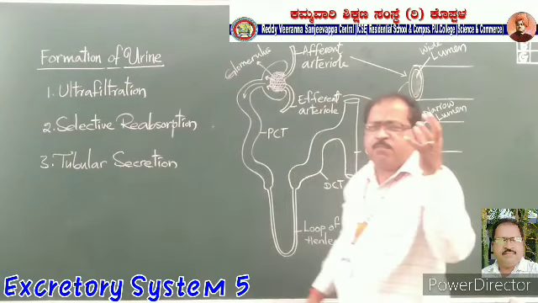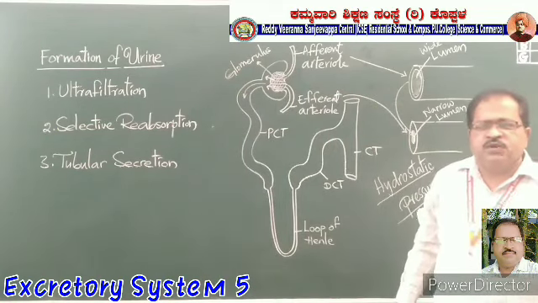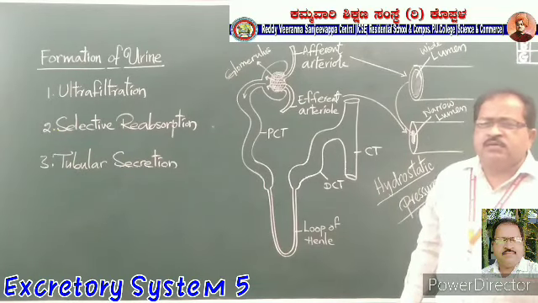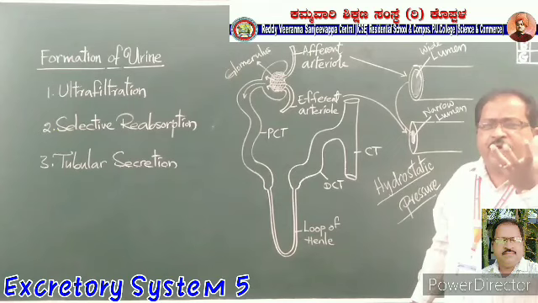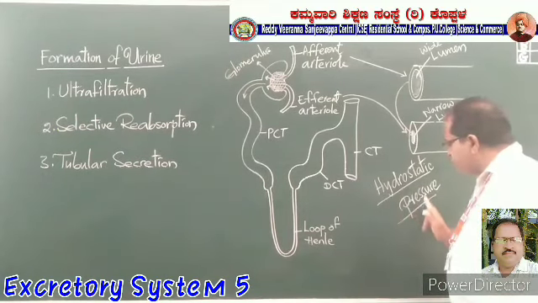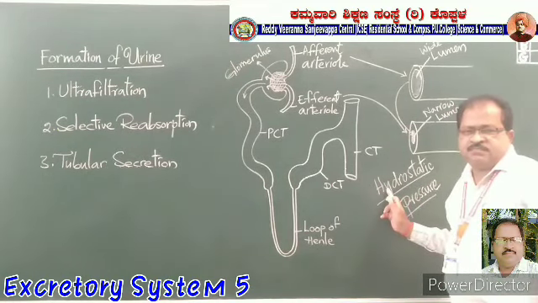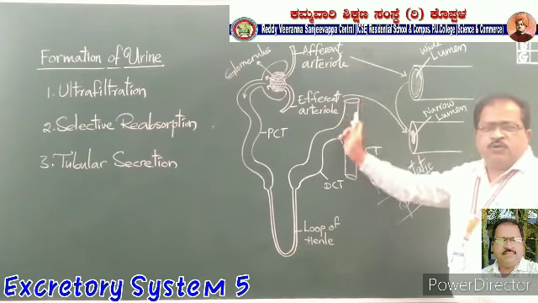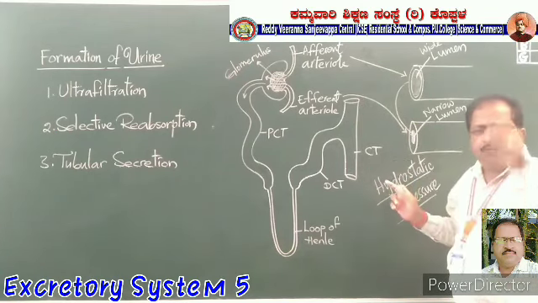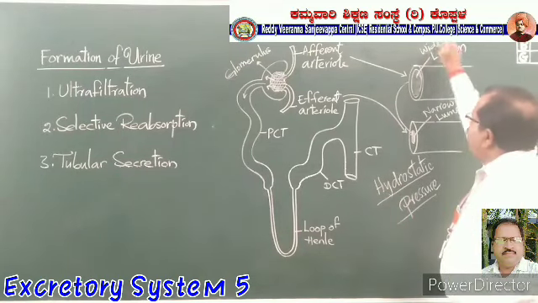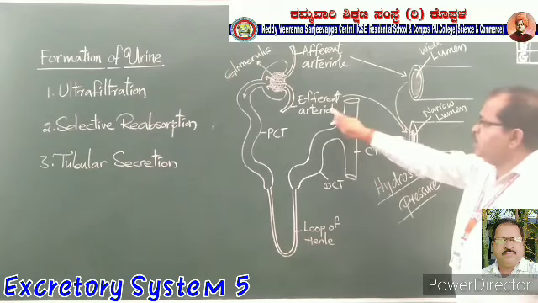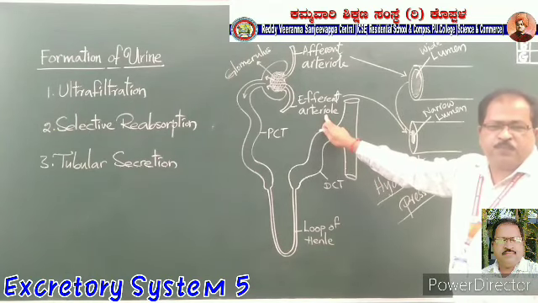It is the filtration of the blood which occurs in the glomerulus by a great pressure called hydrostatic pressure, which is created by the flowing of blood from the wide lumen of the afferent arteriole to the narrow lumen of the efferent arteriole.